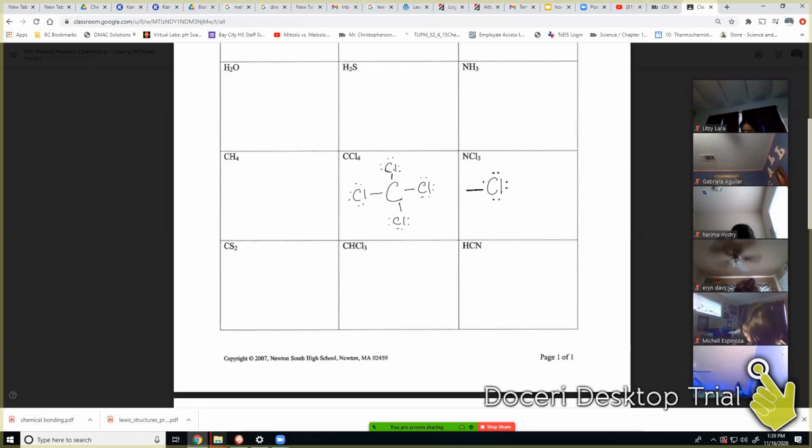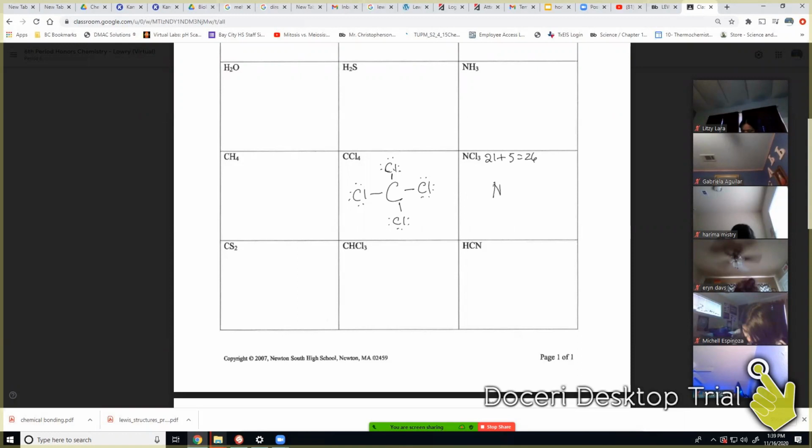Do y'all want to try one more? A little harder? Which one is NCl3? Which one are you going to put in the middle? Nitrogen, exactly. For this one, we had 21 from my halogens, and nitrogen was 5. I should have all that memorized. That's 26.